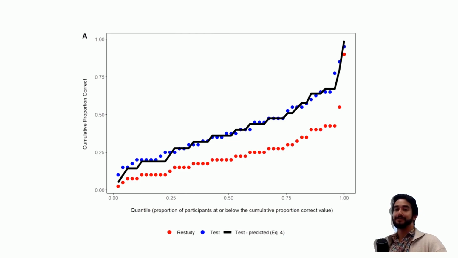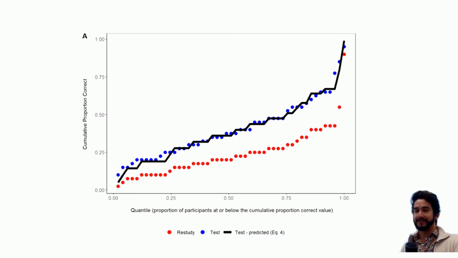And because there are no free parameters in the model, it can make predictions for any descriptive statistic for PCT, including the cumulative distributions. On the y-axis, we have the cumulative proportion correct, and on the x-axis, we have the quantile, or the proportion of participants at or below the cumulative proportion correct value.